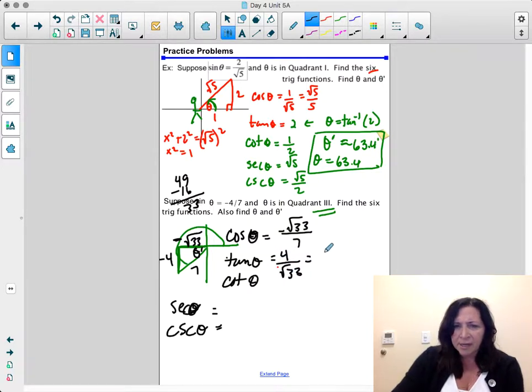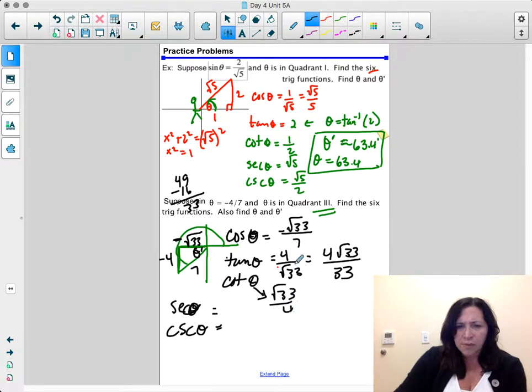Don't leave it like that. So you have 4 root 33 over 33. Cotangent is going to be root 33 over 4, because that's a reciprocal function. Secant is the reciprocal of cosine, so that'll be -7 root 33 over 33. And cosecant is a reciprocal of sine, so that'll be -7/4.